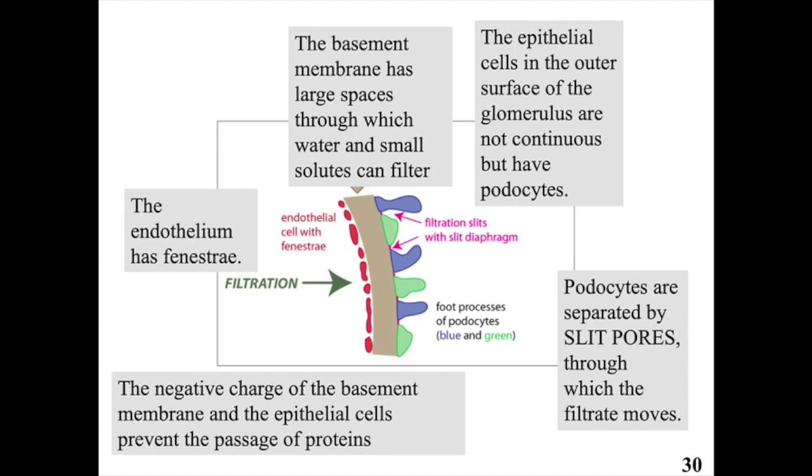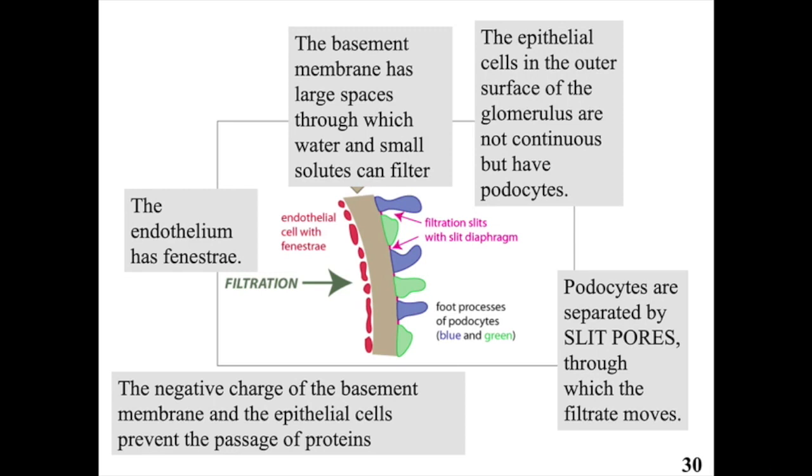So if the membrane is negatively charged, it will repel, it will block the passage of other negatively charged substances. The most important of those substances are the proteins. So the proteins have a tremendous difficulty passing through this. Why? Because one, they're big, and two, because they are negatively charged.